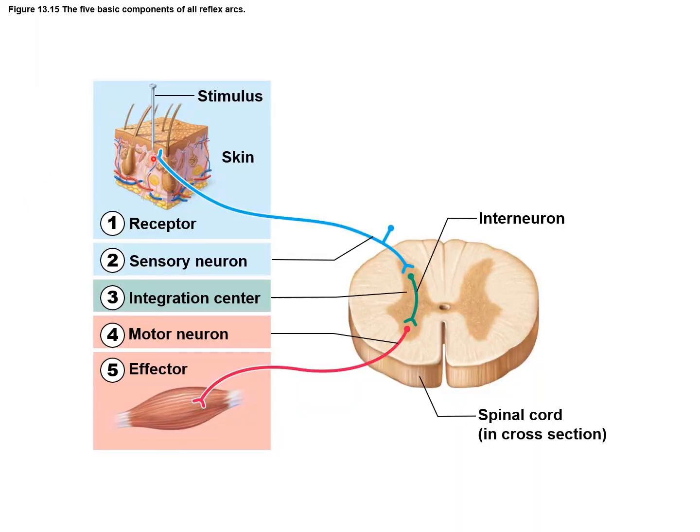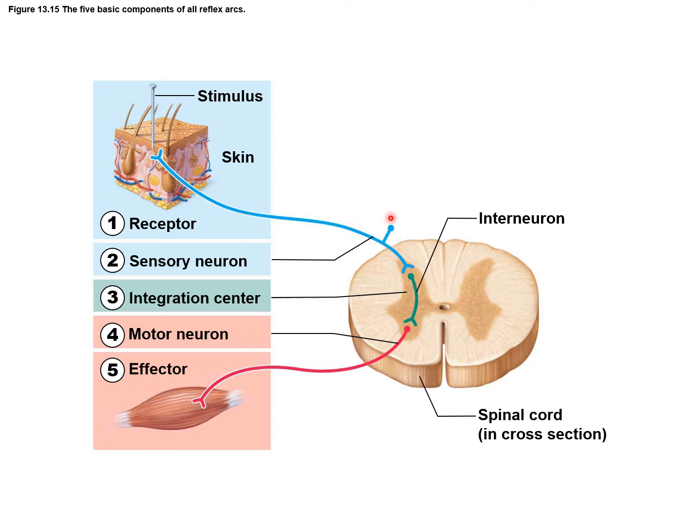Here's an illustration. We have this pin sticking in the skin. We have the receptor that is then going to send that impulse via the afferent neuron or sensory neuron into the spinal cord. Note, this is a unipolar sensory neuron, as most of them are.